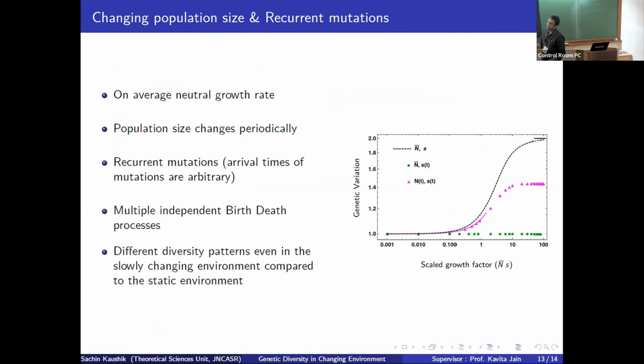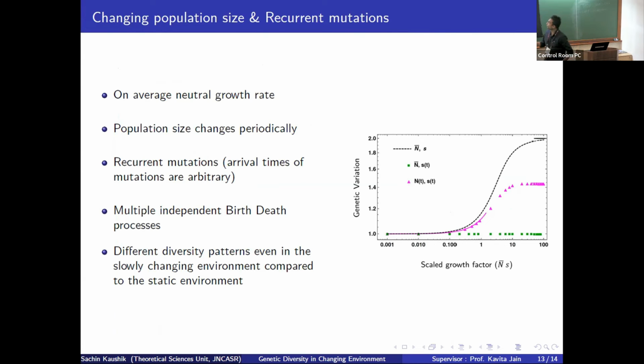Now, if I relax the condition of constant population size, let's say we now have a changing size also, and the mutations are also recurrent, then it's the same as the previous model. The assumption is that the genome size is very large and the mutations come at independent sites, so we can consider this problem as multiple independent processes going on.